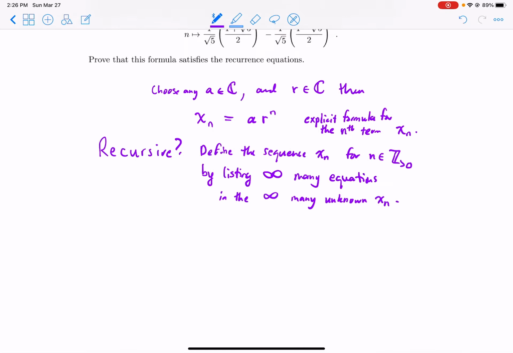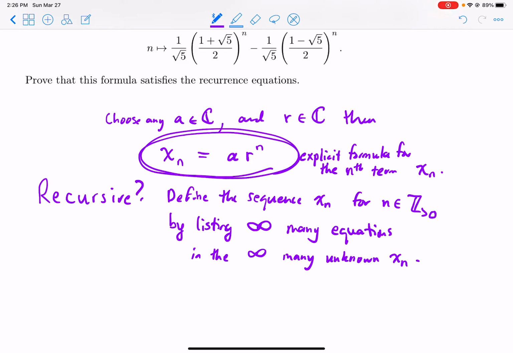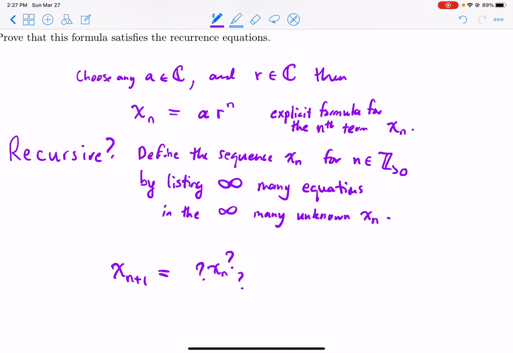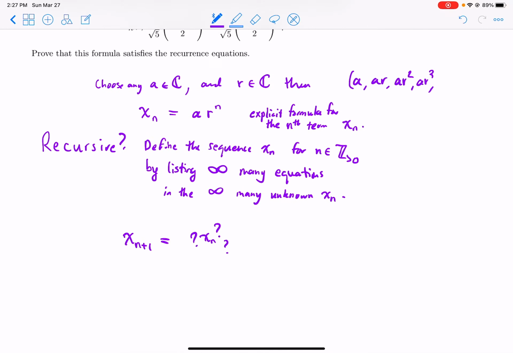So let's use this example. How do I give this as an infinite list of equations? I want to define the n plus 1th term in terms of the x sub nth term, but how? Well, how are they related? I start at A, I go to AR, AR squared, AR to the third, and you see that each next thing is multiply by R, multiply by R, multiply by R. So here's the formula.